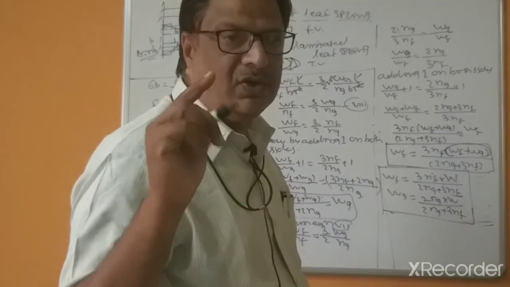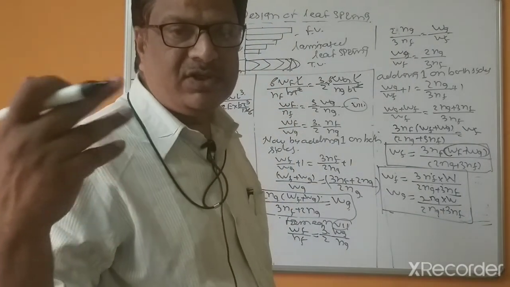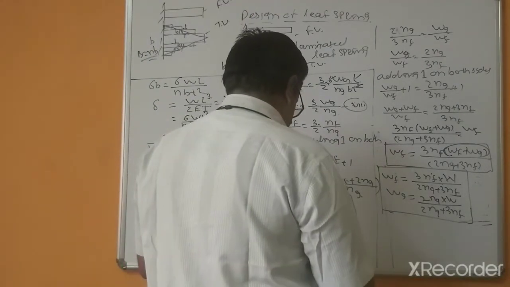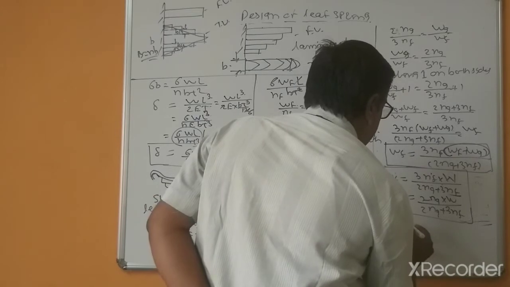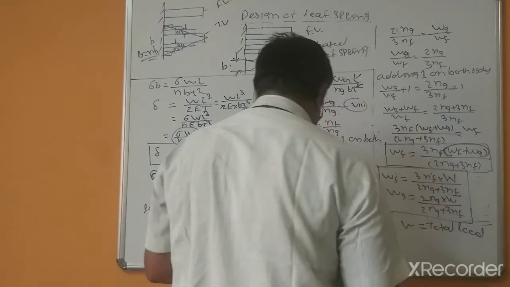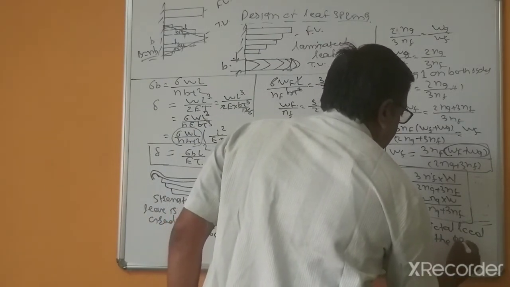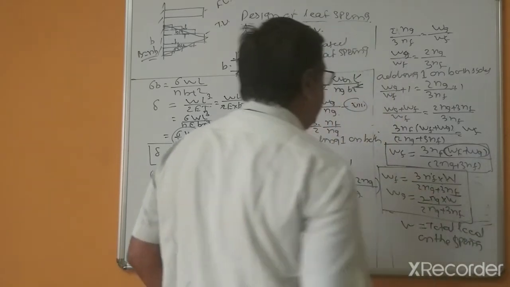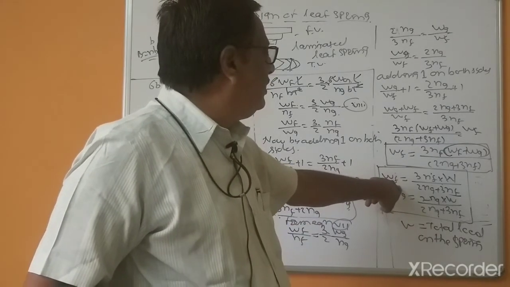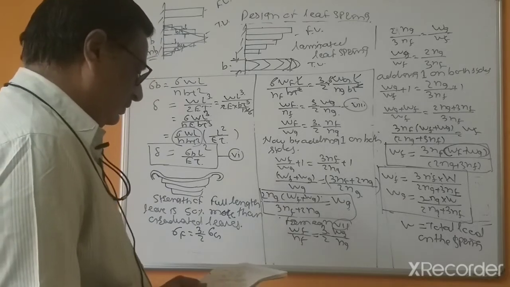NF may be 1, 2, 3, and NG may be 5, 6, 7, 8, 9, 10, 15, 16 likewise. W is the total load on the springs. Using this formula you can calculate how much load is shared by the full leaves and how much by the graduated leaves.